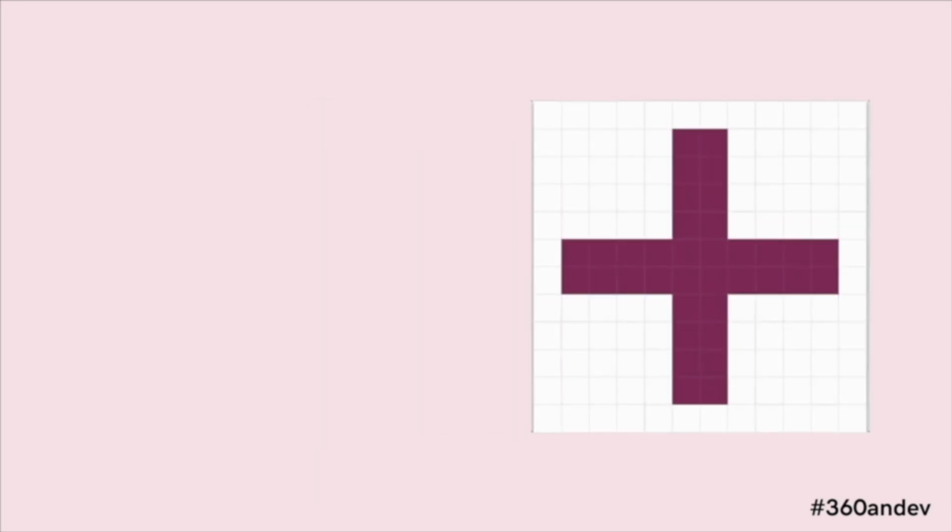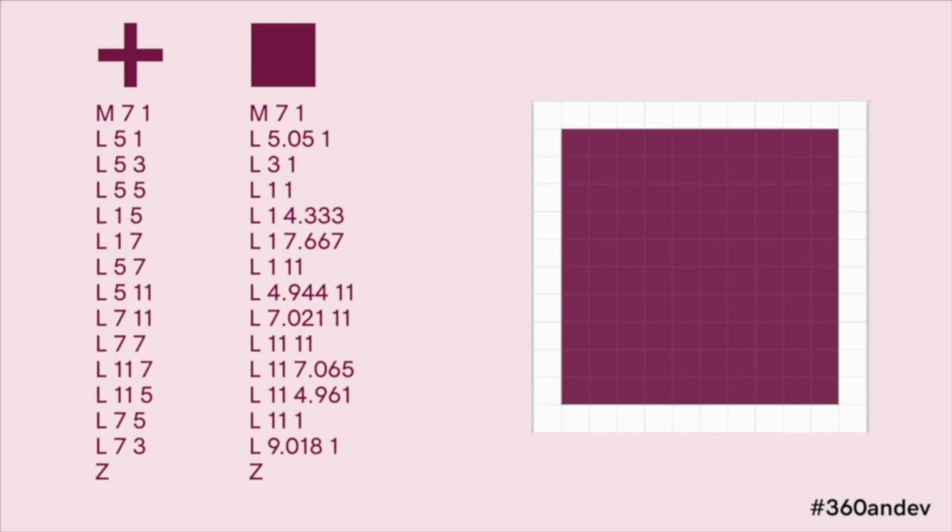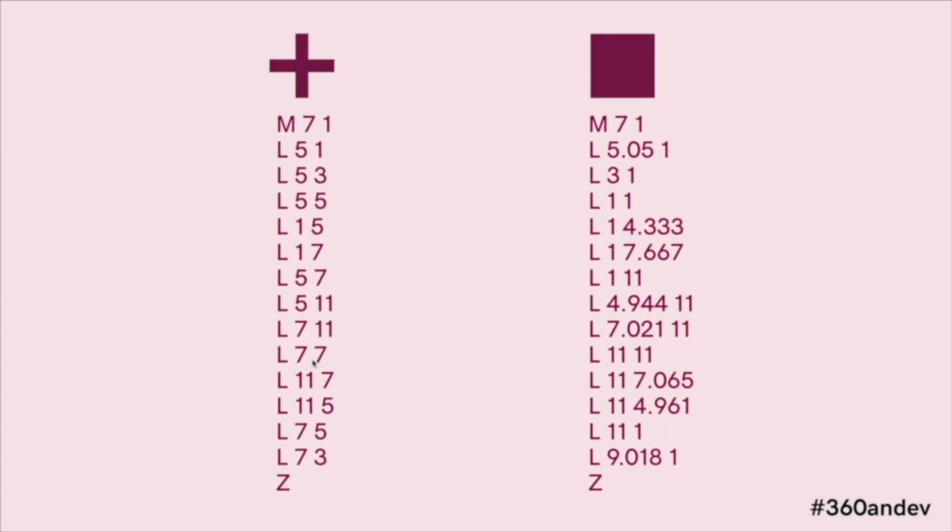In order to do that, we're going to first look at morphing plus to square. We have two shapes involved, first the plus and then the square. These are the commands for it. A square can easily be drawn using just 4 points, but I've already added a bunch of extra points to make it compatible with this path. And when I say compatible, in order for two paths to be compatible, each of those paths needs to have the same number of commands, and they also need to have the same type of commands.